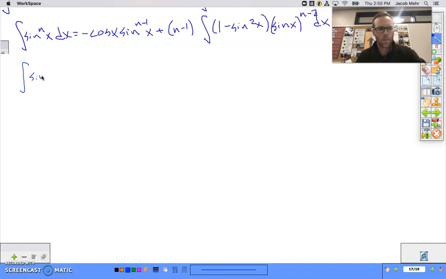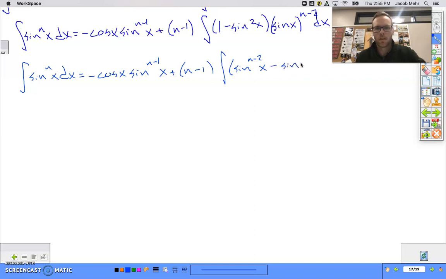We've got the integral of the sine to the nth power, and I'm going to write it this way now: sine to the n minus 2 minus sine to the nth, like that.